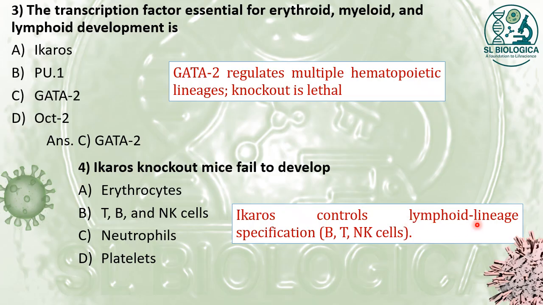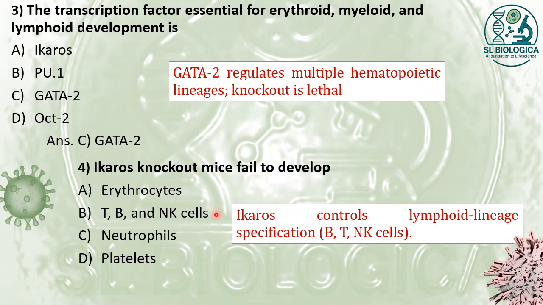In the previous question, we already discussed that through the lymphoid lineage, we will get B lymphocytes, T lymphocytes, and natural killer cells. So once Ikaros is damaged or silenced, these types of cells won't develop.